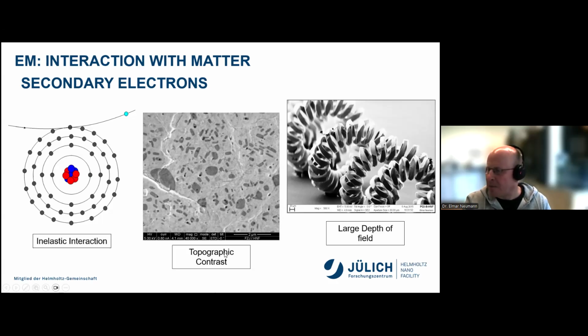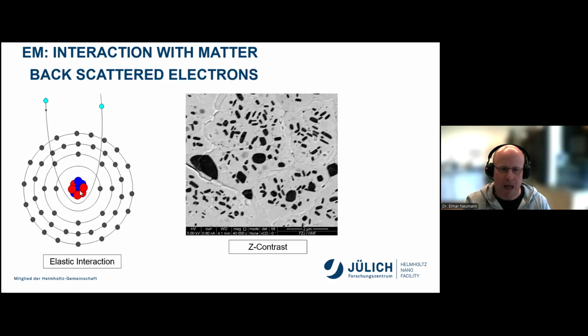This is also a very important effect of topographic contrast. For example, a rougher surface of the same material may look far brighter, and may lead the observer to think that another material is present, even though it isn't.